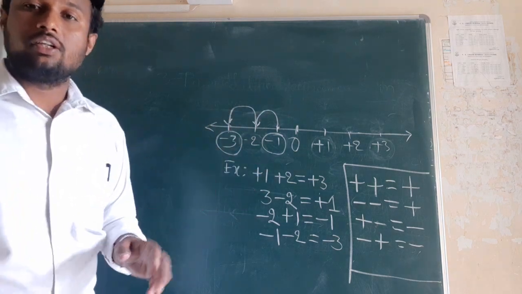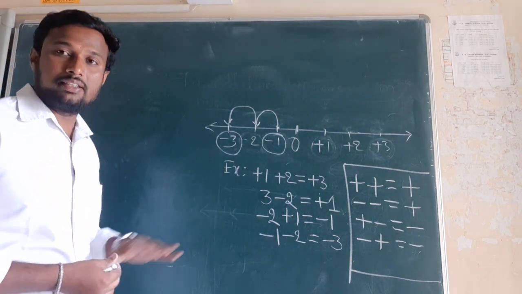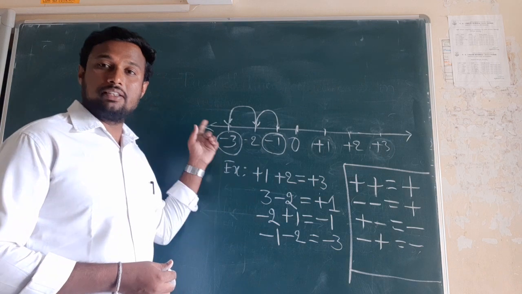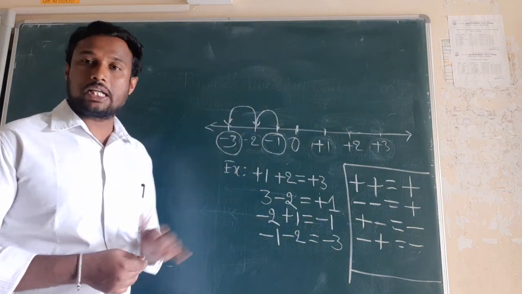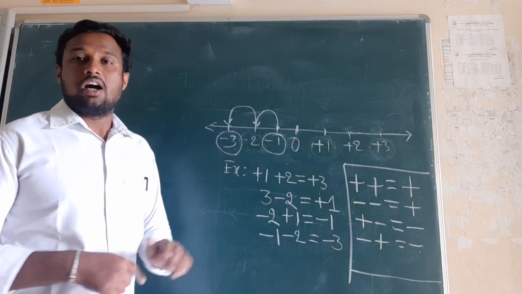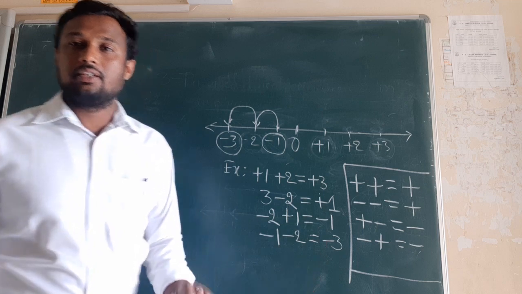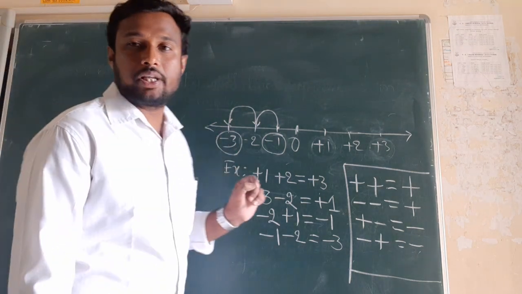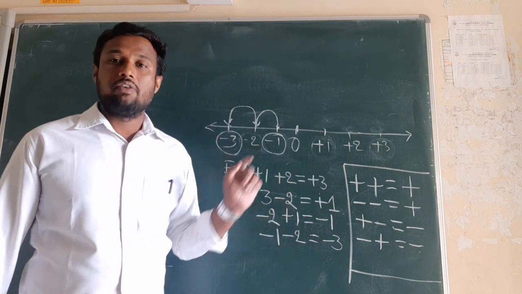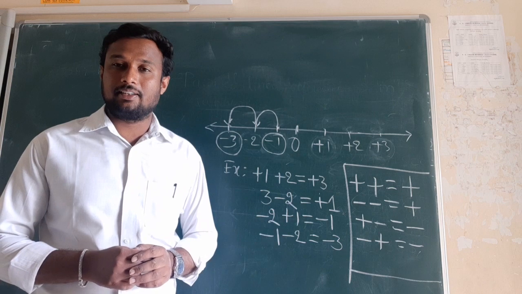Like this only, consider any 5 examples with integer values and perform addition and subtraction on the number line. After that, you have to practice these things. If you practice this, in the next class I will tell you how to add or subtract larger numbers without any number line. We can tell the answer directly.